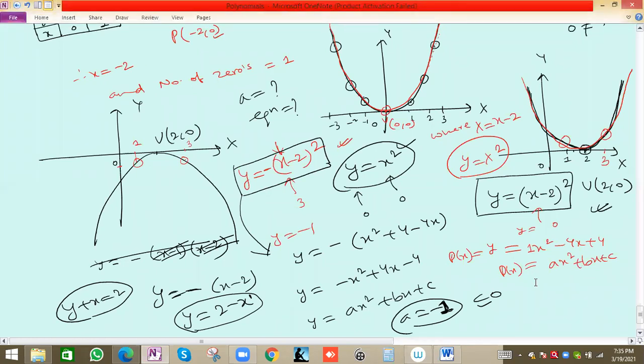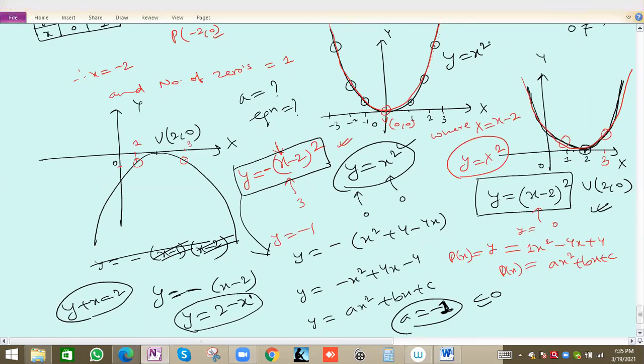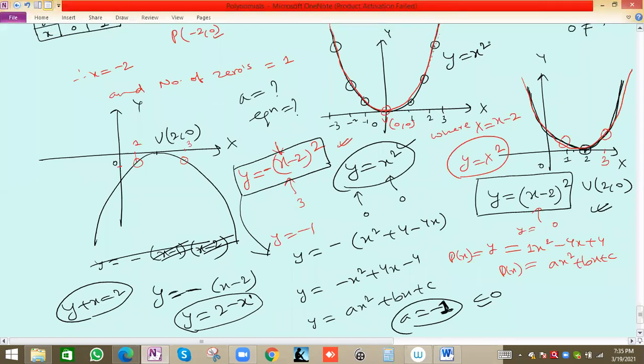So the main equation was y is equal to x square for this one, and based on that we can find the equations of the other two graphs. It's opening in the y direction, so y to the power 1, x square. For a graph opening in the y direction, y equal to x square.